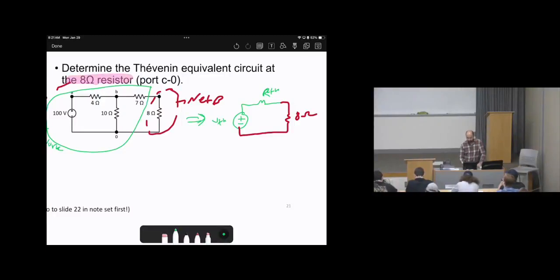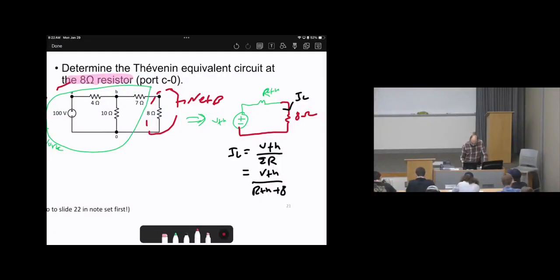We have V Thevenin, R Thevenin, and 8 ohms. The analysis is much easier because if we need to calculate the current or the power, IL will be V Thevenin over the sum of the resistors, which is V Thevenin over R Thevenin plus 8 ohms. That's how we do it.